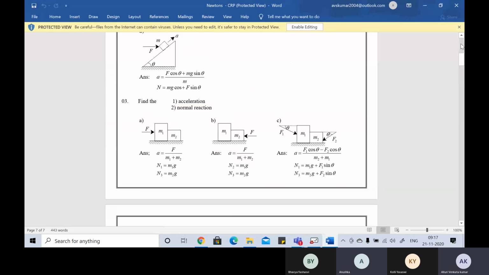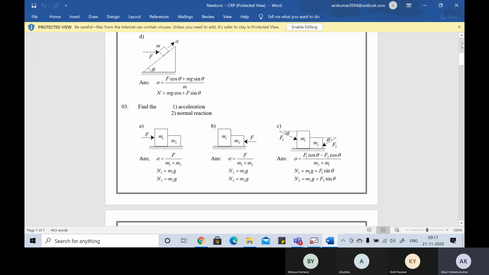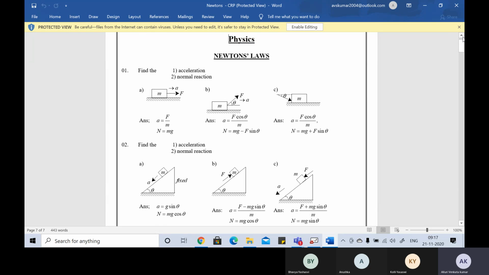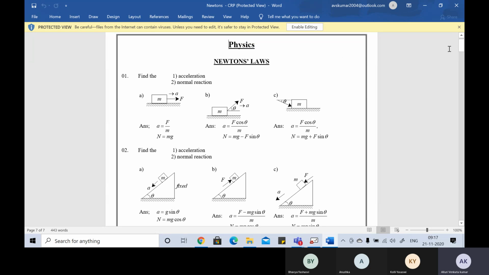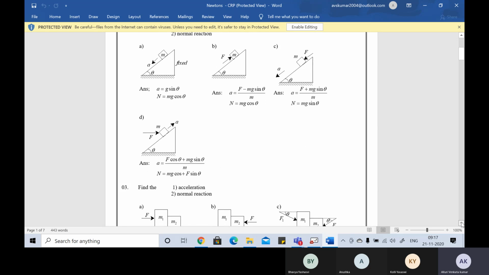Or otherwise you ask sir to explain those problems. But the concept has to be explained, no? Either you ask sir to solve all those problems, or you just wait for my completion of this topic, Newton's laws.